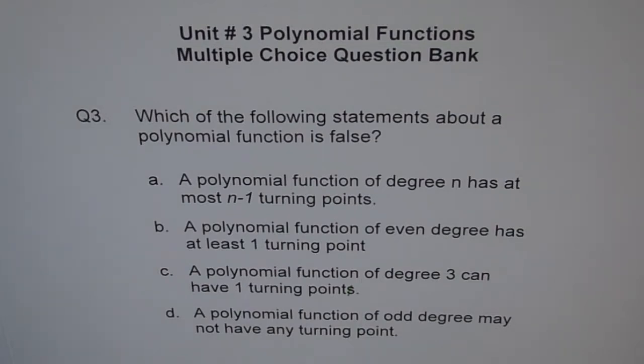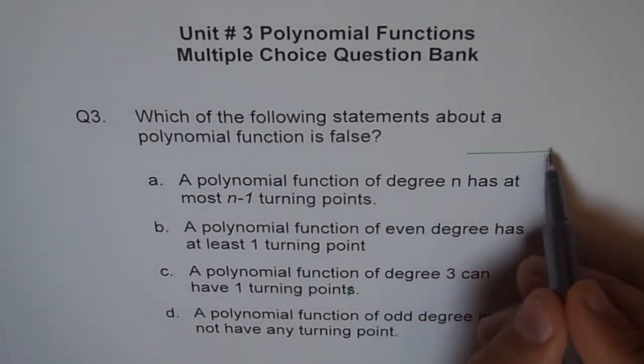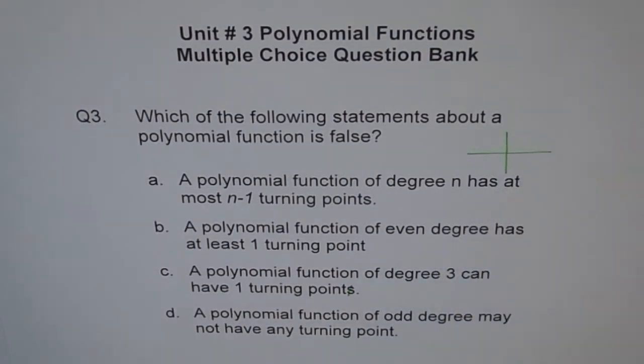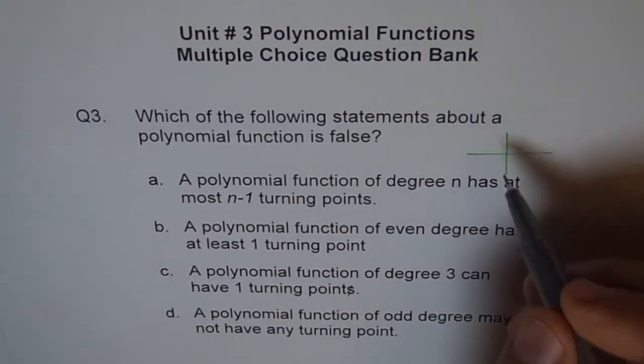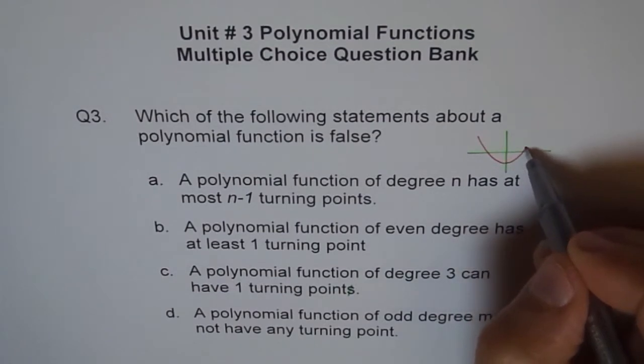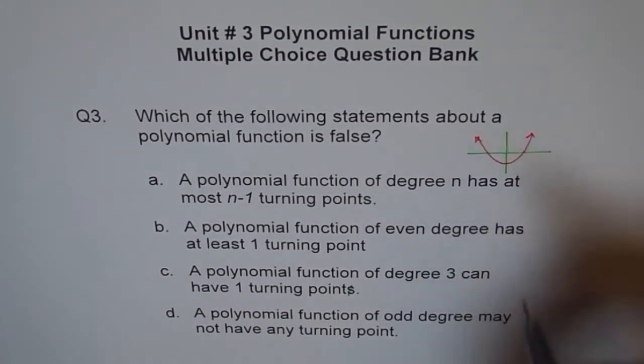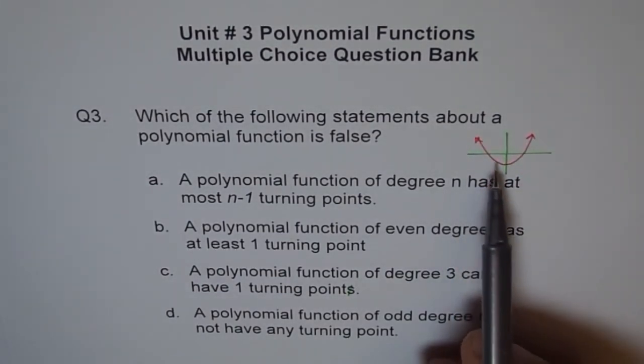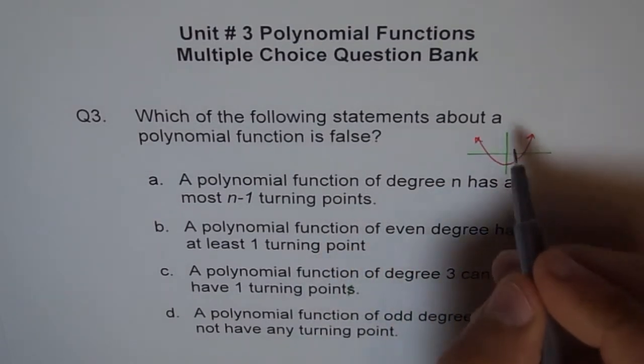Now, as I said, you could always take a simple example, and the simplest is a quadratic function, which is of degree 2, right? So let's draw a quadratic function and see it for ourselves. For example, this is a quadratic function. What is the degree here?